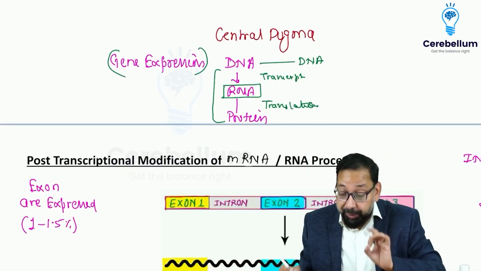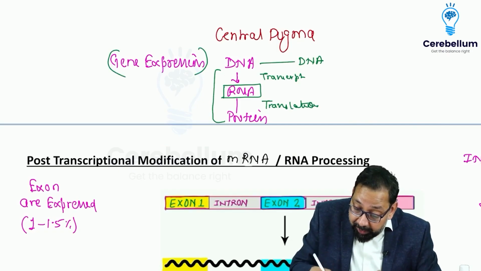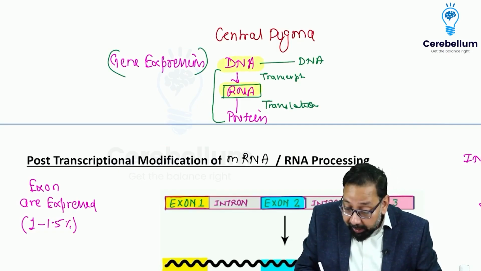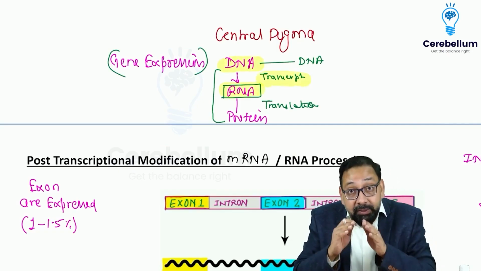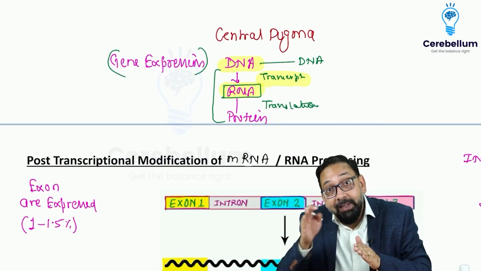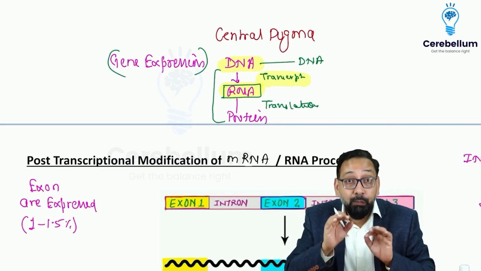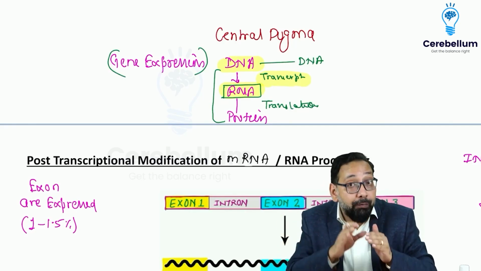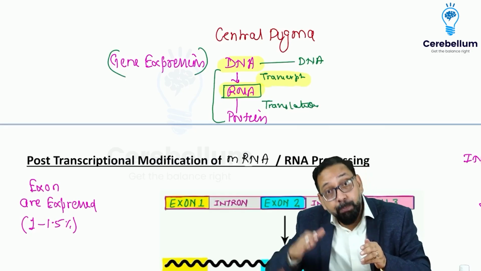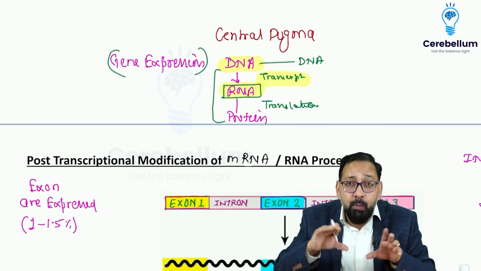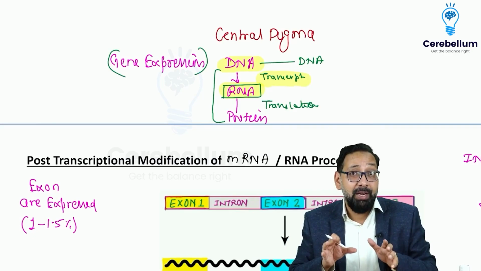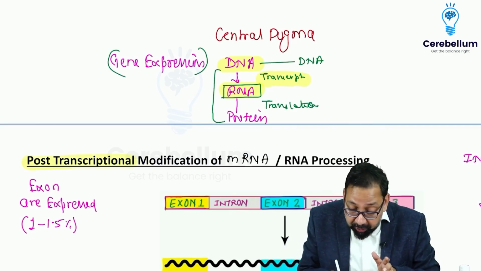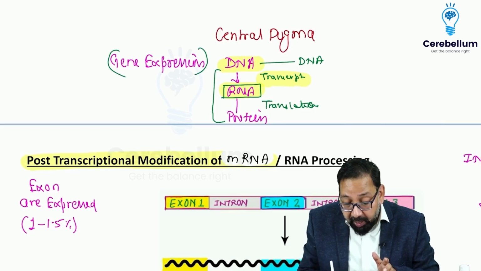So we have discussed transcription, meaning from DNA, RNA has been synthesized. But this RNA will not directly enter protein synthesis. First of all, this RNA will be modified. So after transcription and before protein synthesis, whatever modification occurs in this RNA is called post-transcriptional modification of messenger RNA.